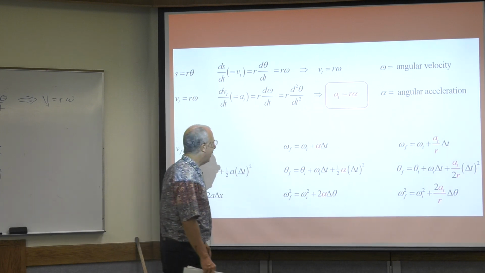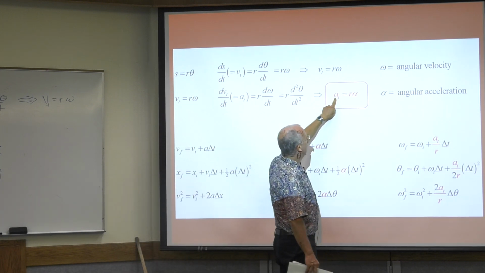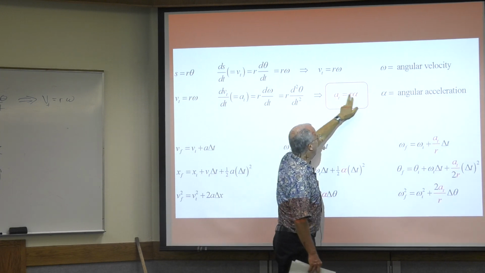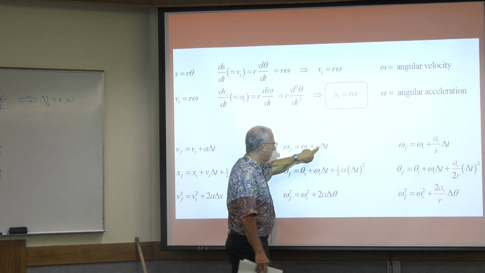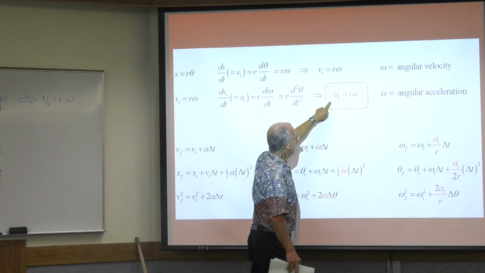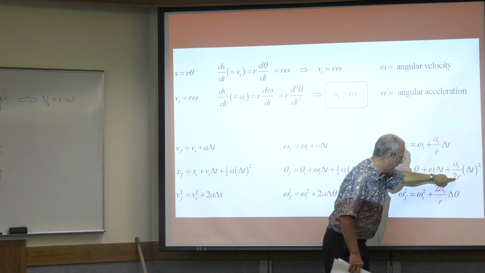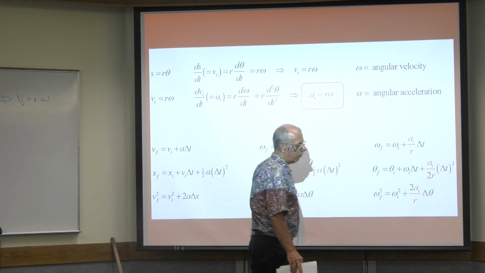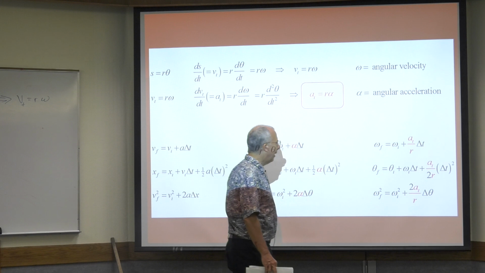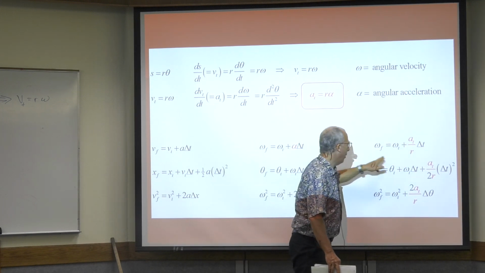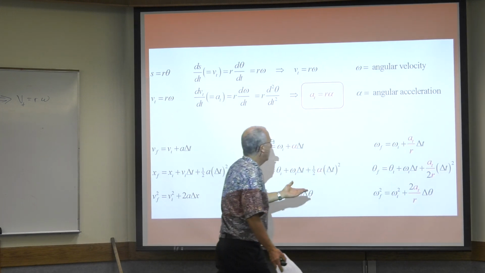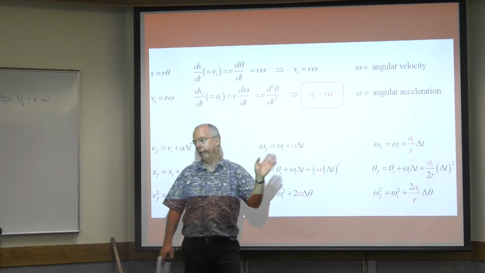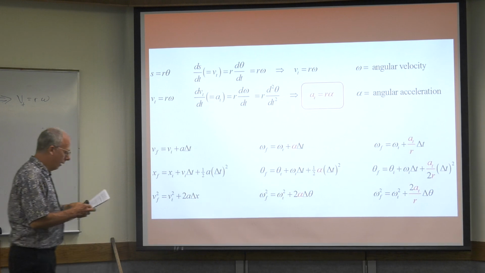So he says a equals r alpha, which means alpha is a divided by r. So sometimes instead of putting alpha, he'll put a divided by r. See? So if you see these equations in the book, don't go crazy. It's just linear with angular. He just uses this to solve for alpha. Okay? So there you go.